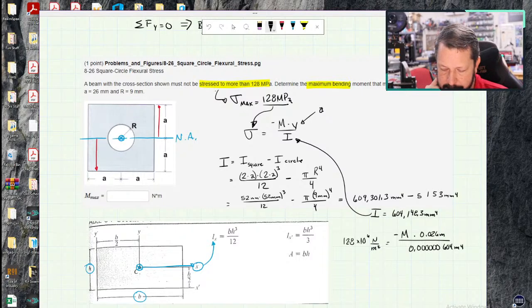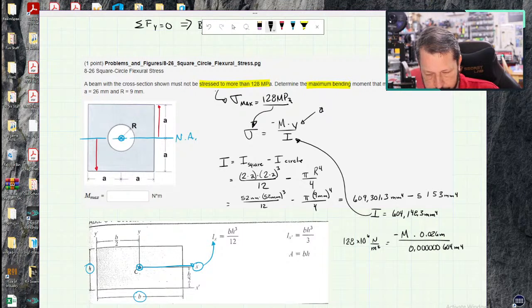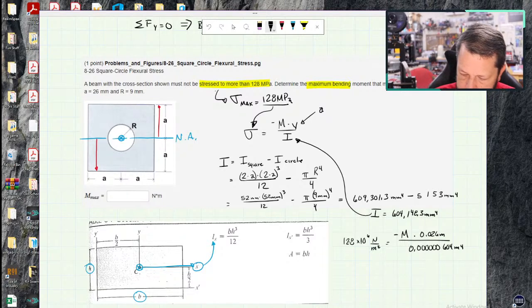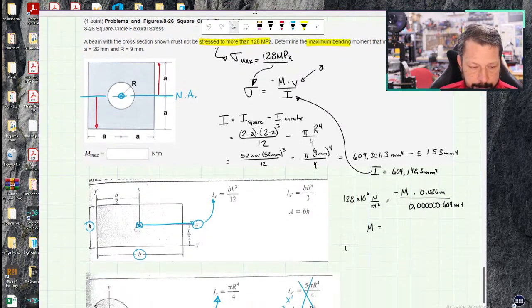Now everything should cancel out, and we can solve for M. So 128 million times that really small number, divided by 0.026, I get M, and technically I get a negative number, but it won't matter if I apply a positive moment or a negative moment. It'll still be the largest magnitude of moment that can be applied.